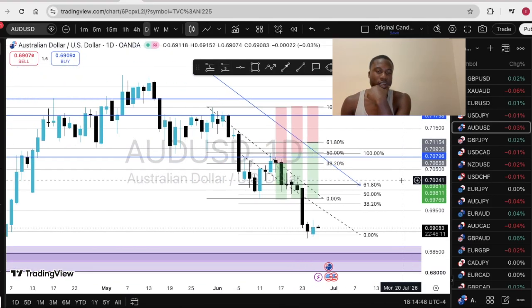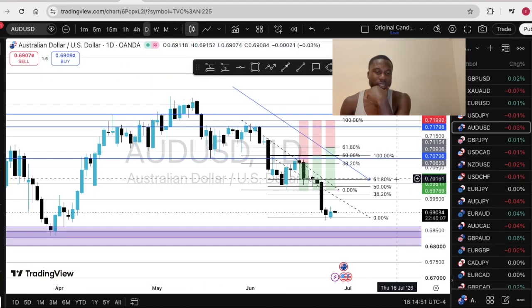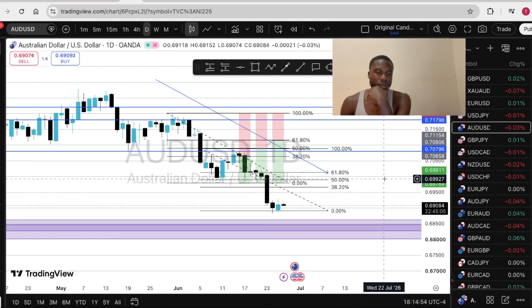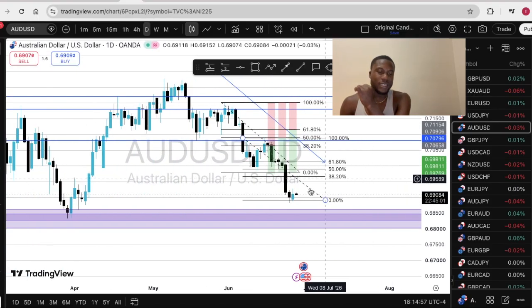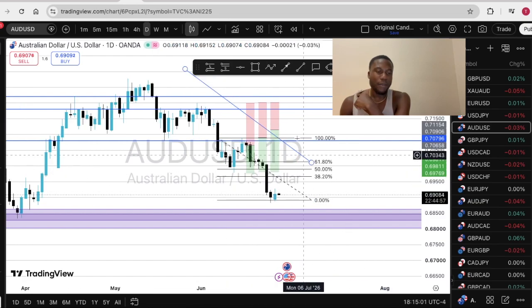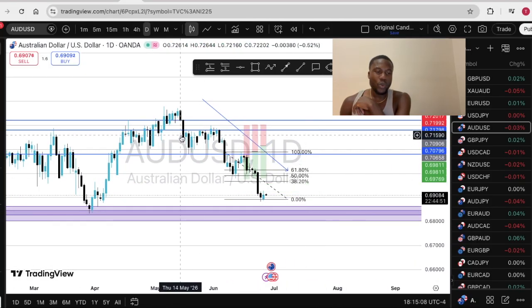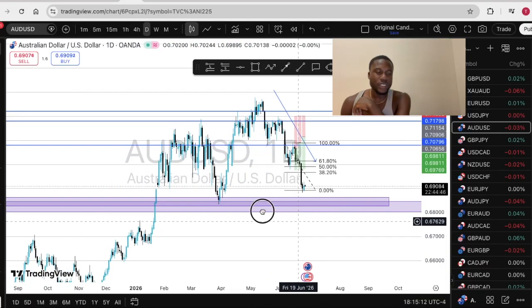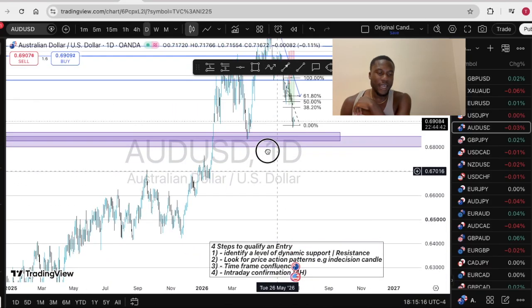As you have seen, this is how I was analyzing this. In short, I can still take sells if the market comes back up here, because look, the market is bearish until otherwise. We have strong bearish momentum. We can easily break below this level of support and continue all the way down here.